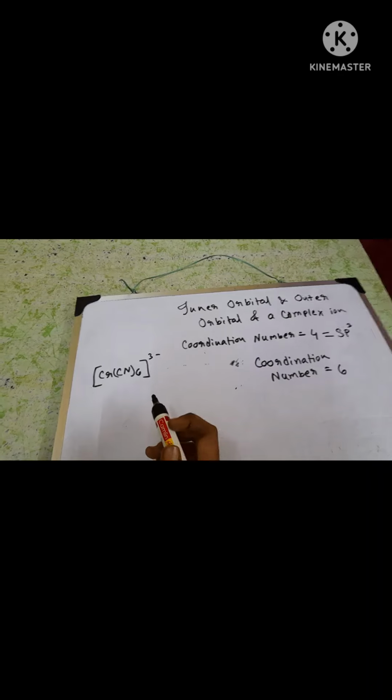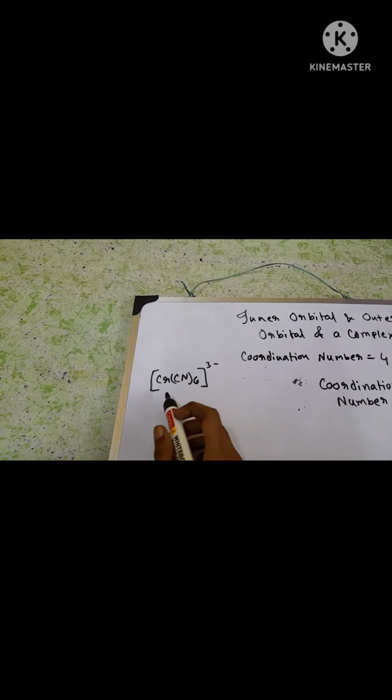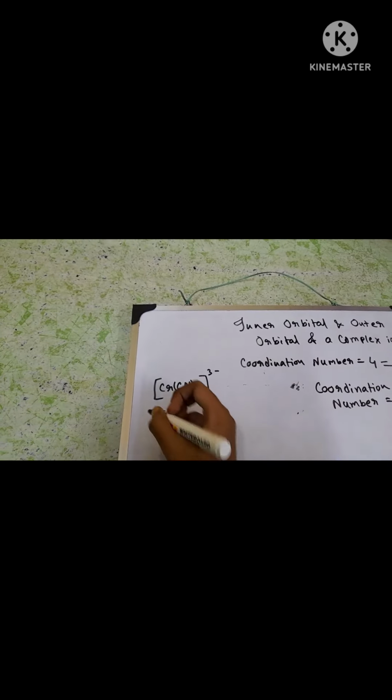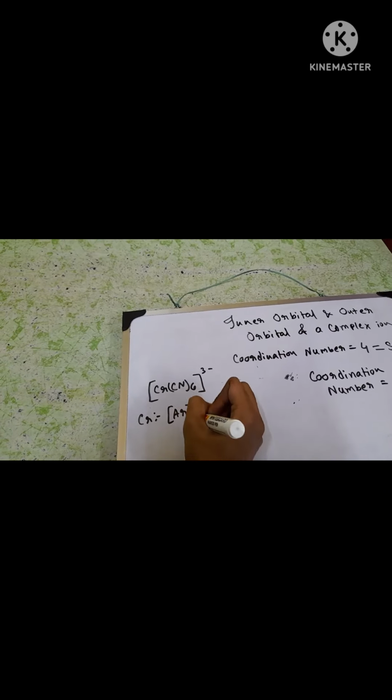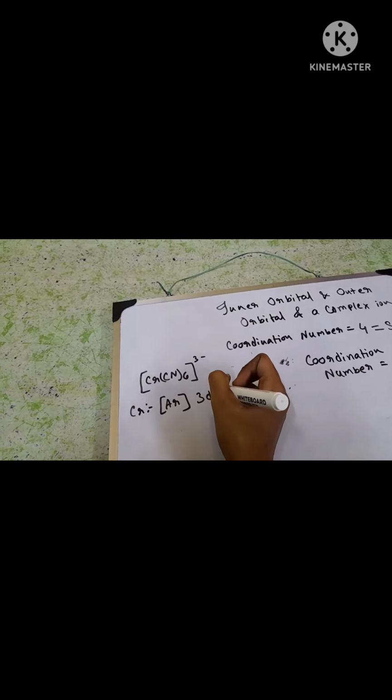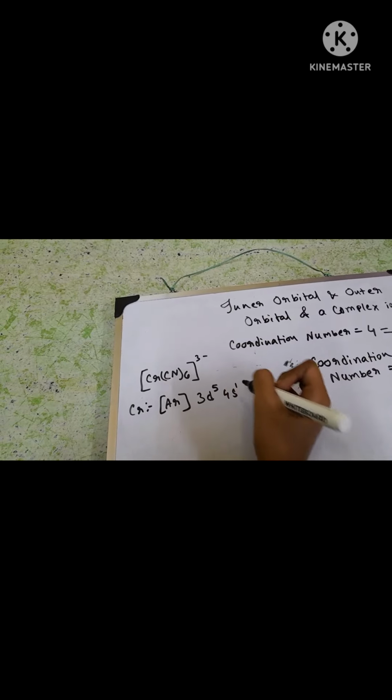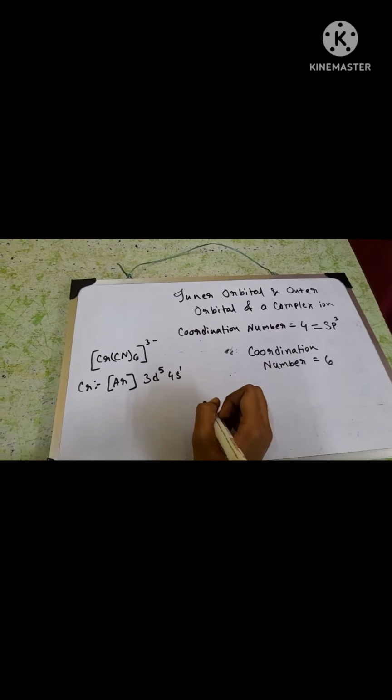So we have to first look at the electronic configuration of chromium, which is argon 3d5 4s1. 24 is the atomic number of chromium. You should know this.